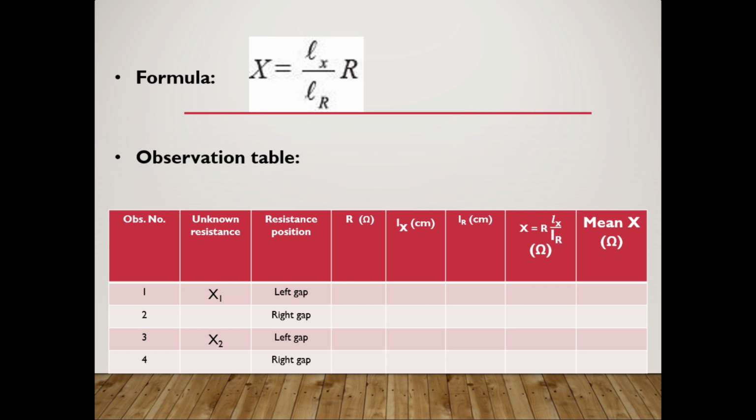Lx is the balancing length across the unknown resistance X. The next column is Lr, the length across the resistance box. The next column is the unknown resistance X equal to R into Lx upon Lr. And the last column is the mean X.